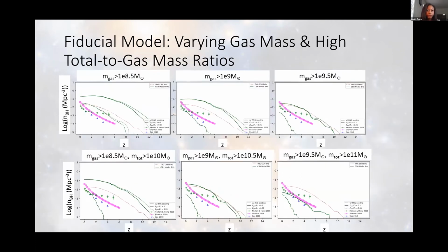And then in the top group of data, we're varying the gas mass. And in the bottom, we're looking at high total to gas mass ratios. So here we can see better in the 0.1 solar metallicity models that some of the combinations of cuts span above the parameter space spanned by the empirical data and some below. So there are several combinations that can create reasonable black hole number densities.